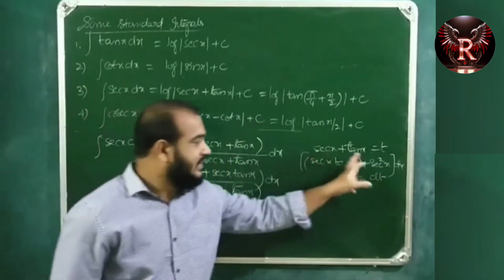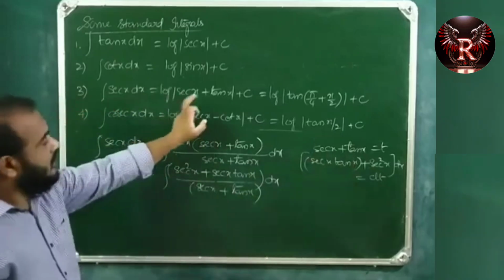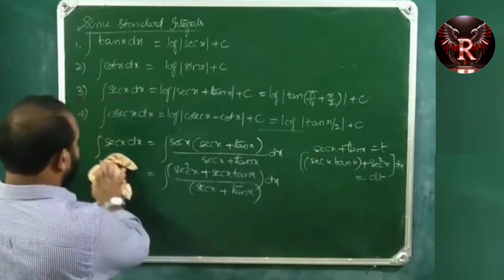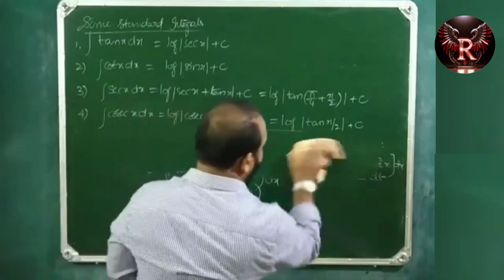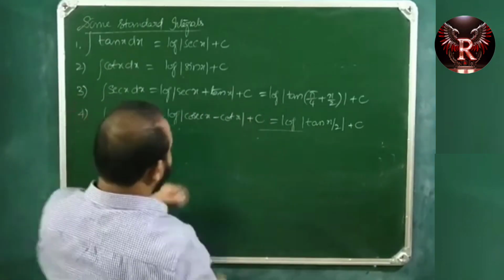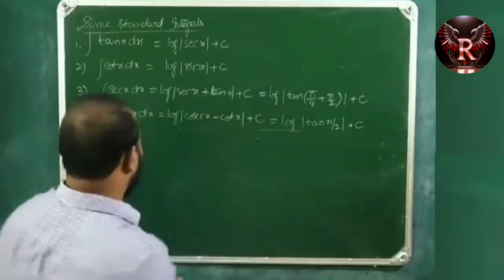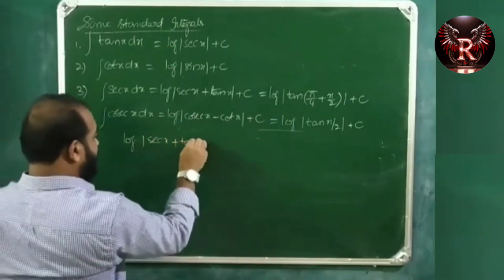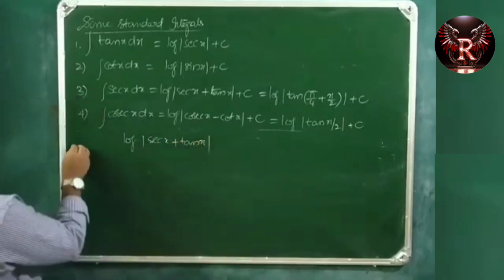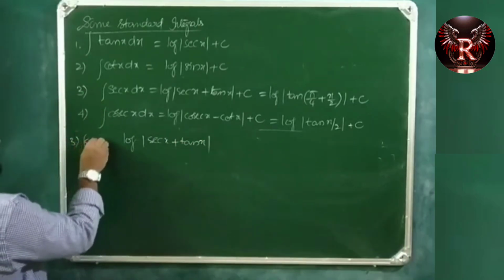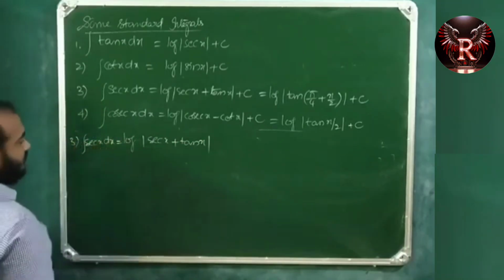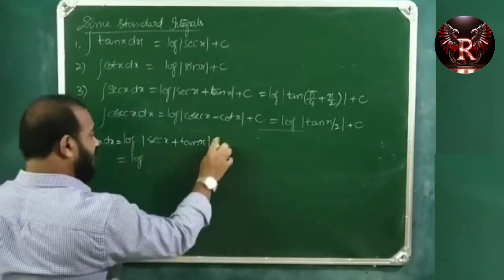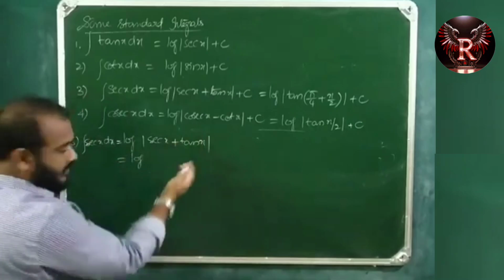Log t is log secant x plus tan x. So this is log mod secant x plus tan x. This is integral secant x dx is equal to log plus c. We can add this plus c at the end.